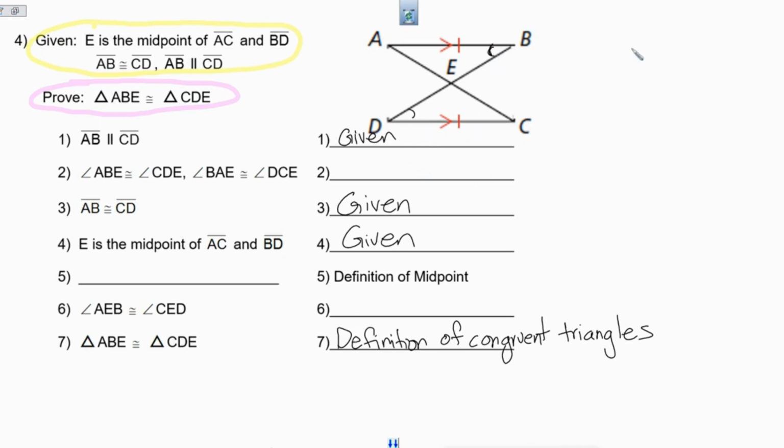Now, when we had parallel lines cut by a transversal, what kind of angle pair would we have? So remember that these are both between our parallel lines, so that means that they're interior angles, and they are on different sides of our transversal, which means that they are alternate interior angles.